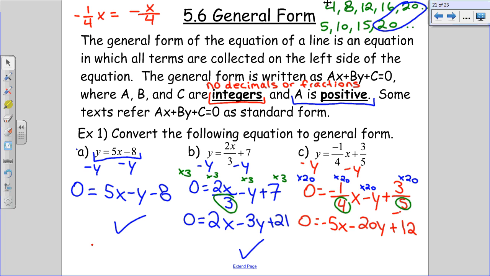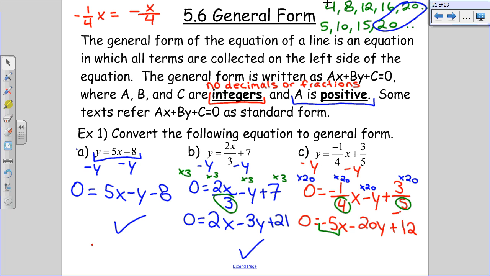All right, first thing, get it equal to 0. We did that. Second thing, get rid of fractions. We just did that. What's the last thing you checked for? Get rid of the negative a value, right? Your a, the number in front of the x, it cannot be negative. This one is. Get rid of it. We multiply everything by negative 1, because that's what switches signs. Now, that's the mathematical thing you do. That's the reason why what we do works. Or you just change all the symbols.